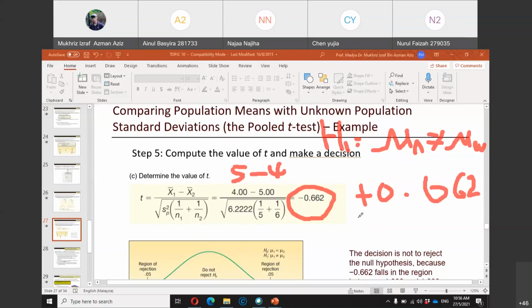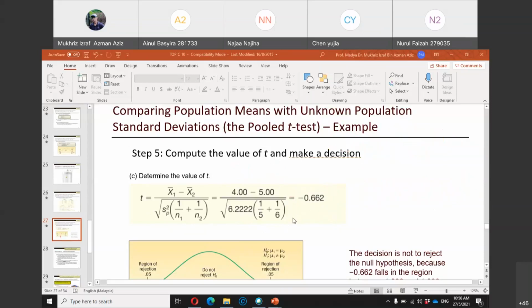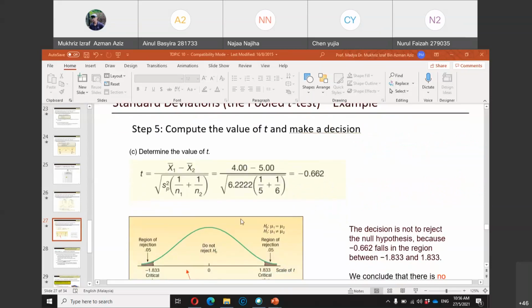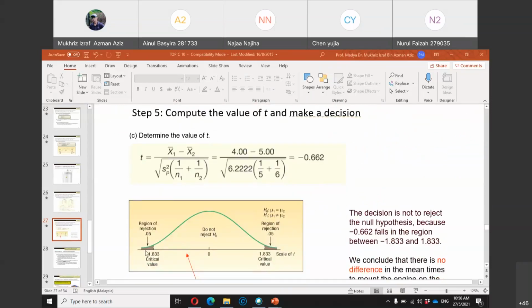Both are still correct, because if you get negative 0.662 like in the slide, you are going to compare on the left side of the tail. But if you get positive 0.662, you are going to compare on the right side of the tail. Either way, the conclusion will still be the same. But remember, if you put 5 minus 4, this must also be correctly represented in your H1.